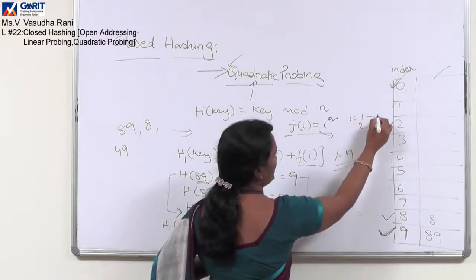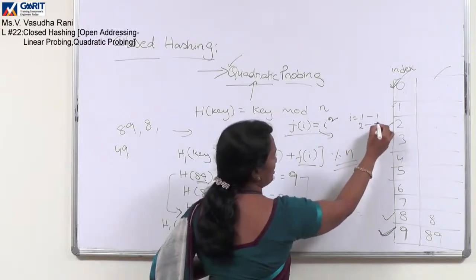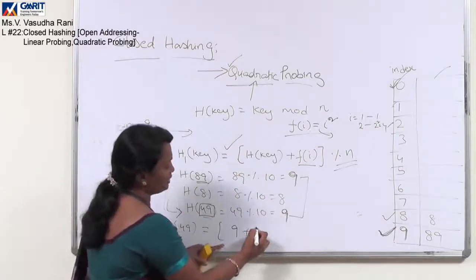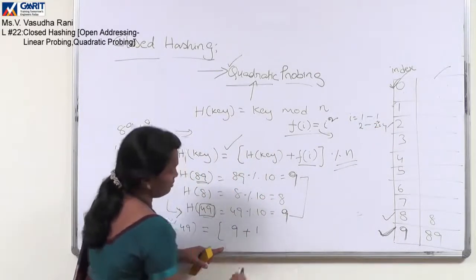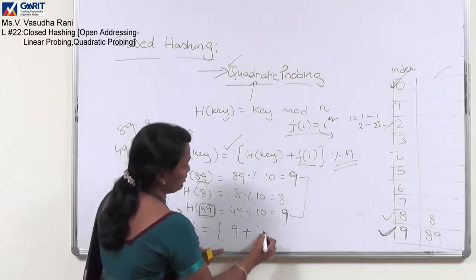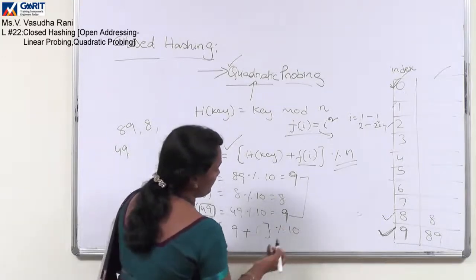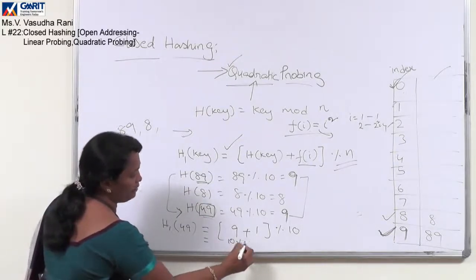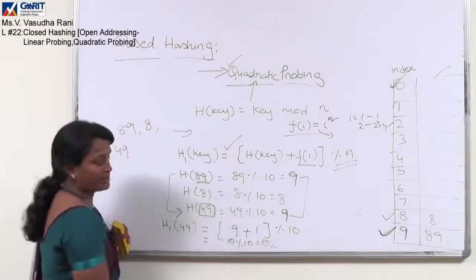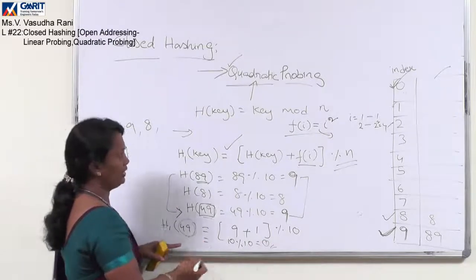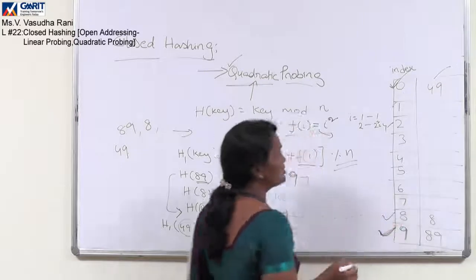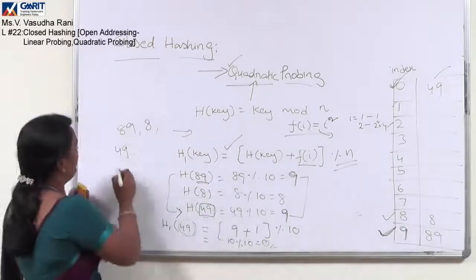If I is 1, I square is 1. I is 2, I square is 2 square, that is 4, like that it continues. So here if you take I is 1, it is 9 plus 1 mod 10, which is giving us 10 mod 10, which is 0. So we got for 49 a location, 0th location.